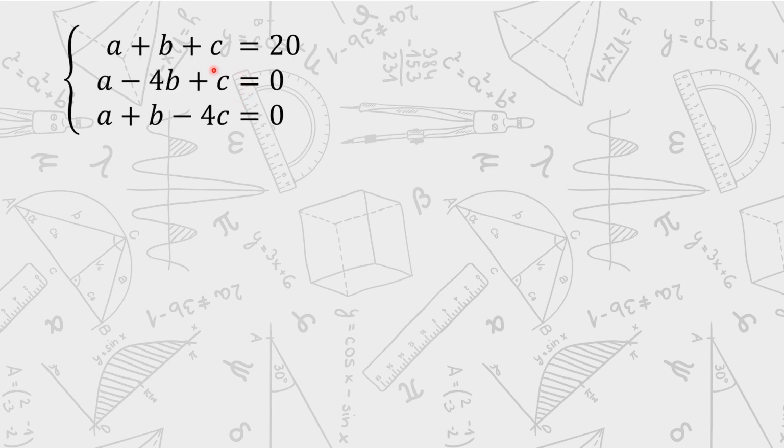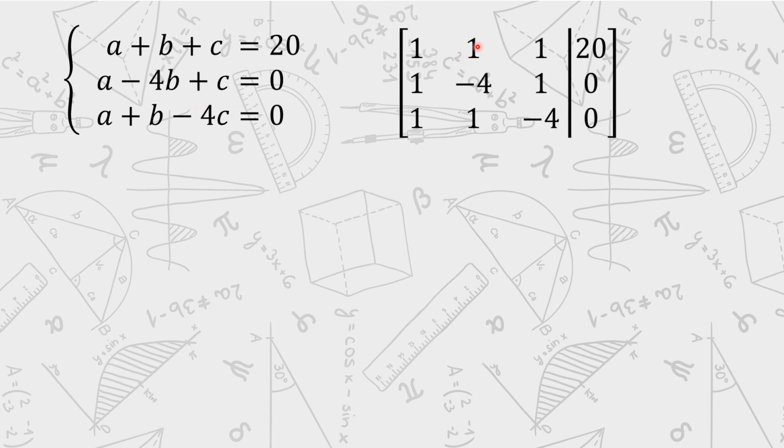From these equations in 3 variables written in standard form, we can write the augmented matrix 1, 1, 1, 20, 1, negative 4, 1, 0, and 1, 1, negative 4, 0. Let us label the rows as R sub 1, R sub 2, and R sub 3 for row 1, 2, and 3 respectively.